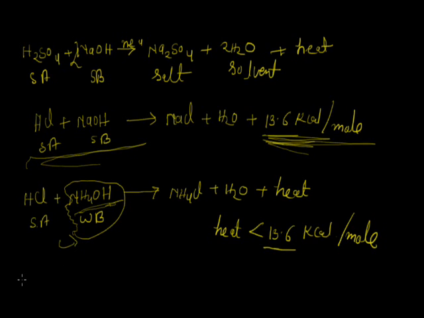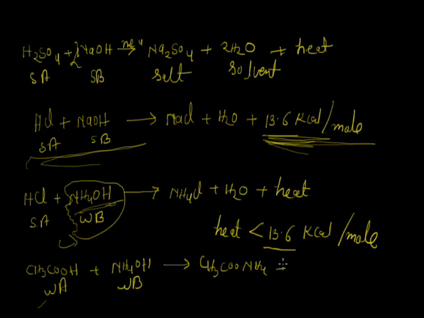If both are weak, for example CH3COOH, a weak acid, reacts with NH4OH, a weak base, after the reaction it gives CH3COONH4 plus H2O. In this reaction, acid and base both are weak, so more heat is involved in the ionization of acid and base.